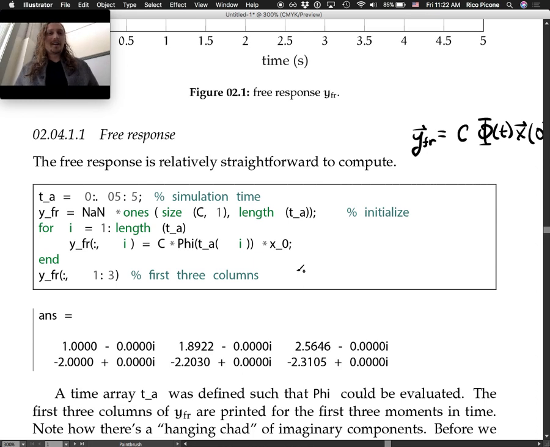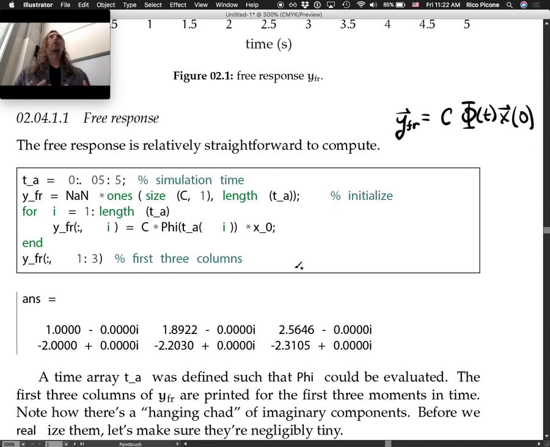Okay, so what we're going to do is we're trying to construct a solution at a bunch of values of time, right? And so even though we're looking at an analytic solution, we're looking at it in a sort of pseudo-numerical sense. We want to plot it at a bunch of points, and so we're going to compute it at a bunch of points.